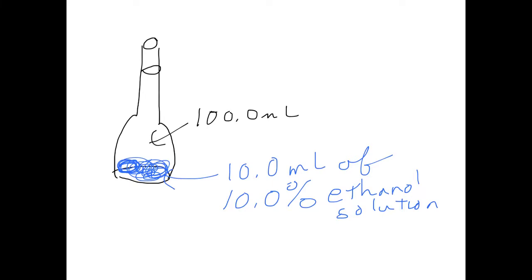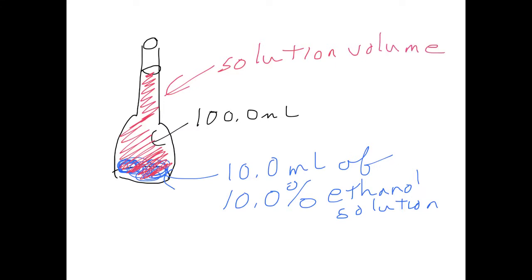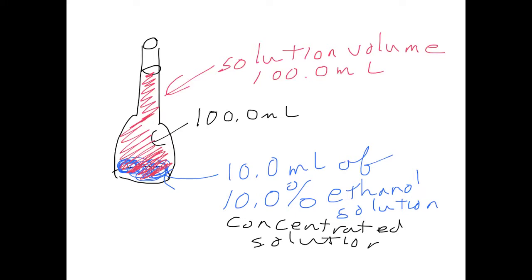I then add enough water, why water is red this time, I don't know, to make my total solution volume 100 milliliters. I've taken my concentrated solution, my 10% solution, and by adding water, I've diluted it to a new concentration that's less.